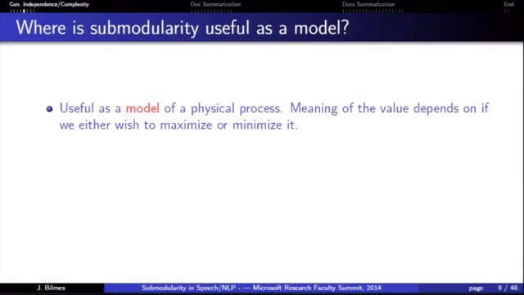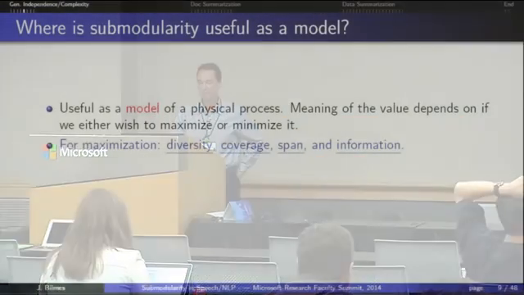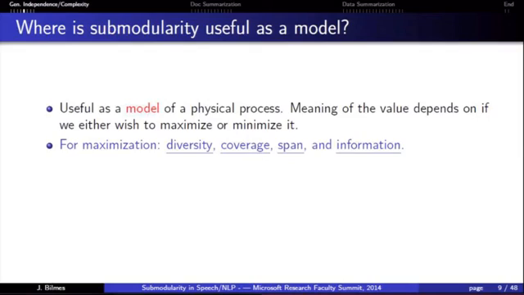So submodularity is useful as a model of a physical process. That doesn't mean that submodularity necessarily truly exists, but it is a useful model. And the meaning of the submodular function depends on whether you're interested in maximizing or minimizing it. For maximizing a submodular function, typically what one uses it for is models of diversity or coverage or span or information.